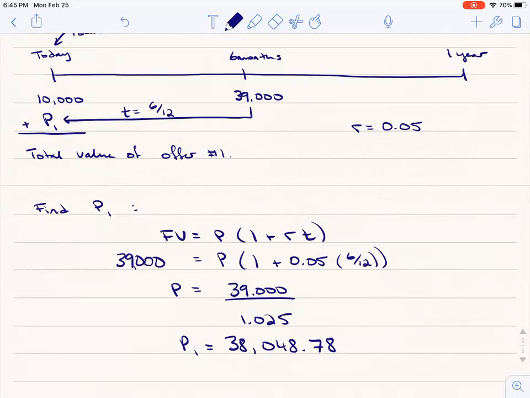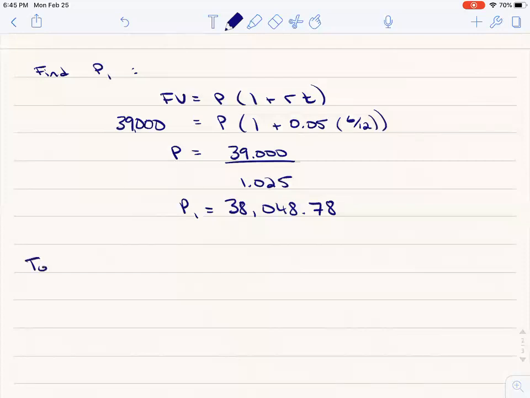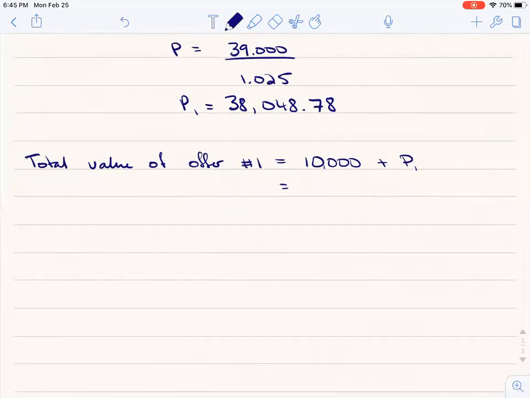And so the value today is the 10,000 plus the 38,000. So the total value of offer number 1 is 10,000 plus P1, which is, I'm just going to skip straight to it, 48,048.78.